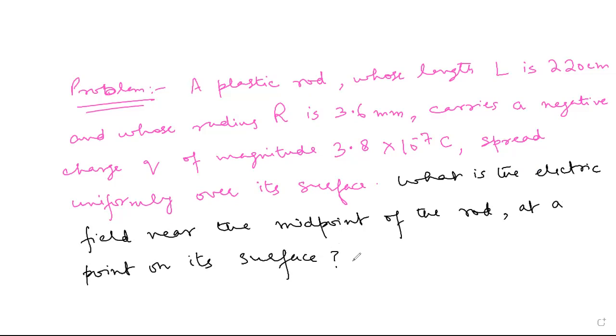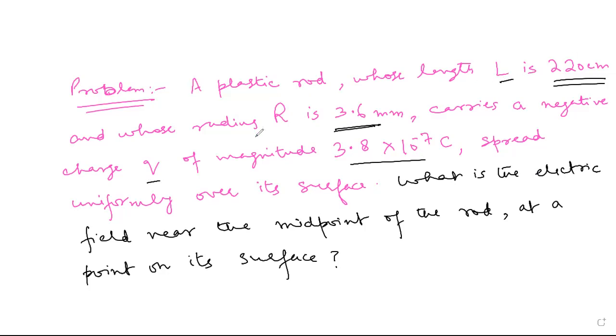So before going to the solution, let me check it first. A plastic rod whose length L is 220 centimeter and whose radius R is 3.6 millimeters carries a negative charge Q of magnitude 3.8 into 10 raised power minus 7 coulomb.